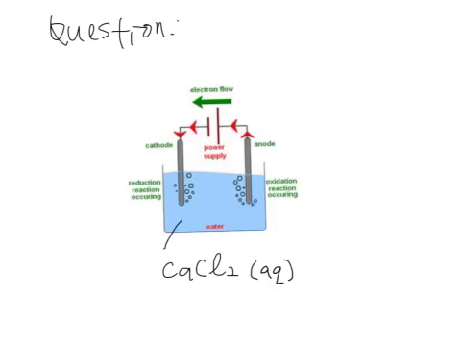Okay, so I have a question here showing you an electrolysis with calcium chloride aqueous solution as the electrolyte. Would you be able to identify for me the substance that will be oxidized and reduced? I'm giving you about 30 seconds.